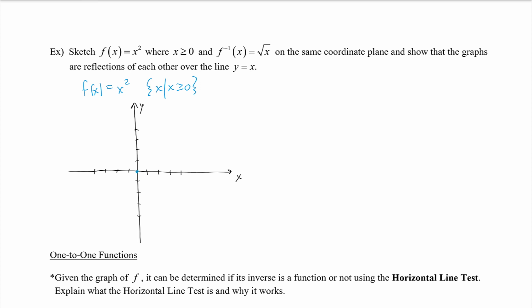It starts at 0. It's just our squaring function, so it goes through 1, 1, and 2, 4. So it's just going to look like this.